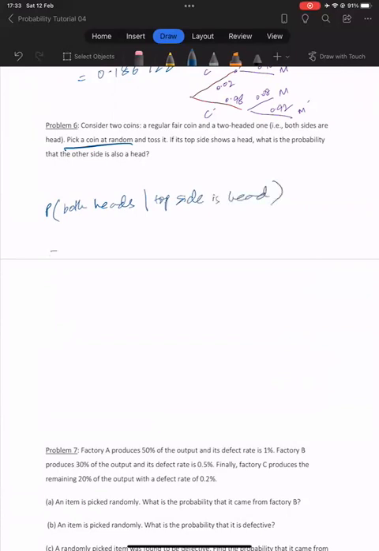So probability of having both heads is K. First, the probability of picking the coin, which is two-headed.